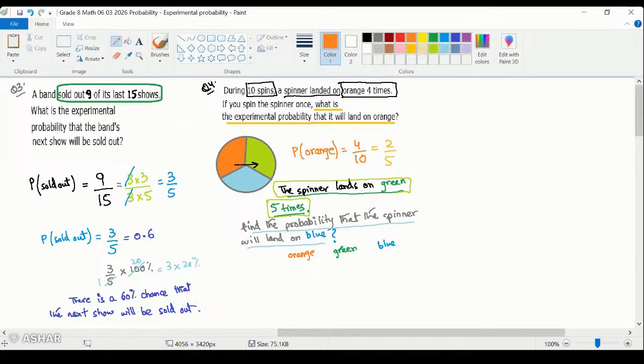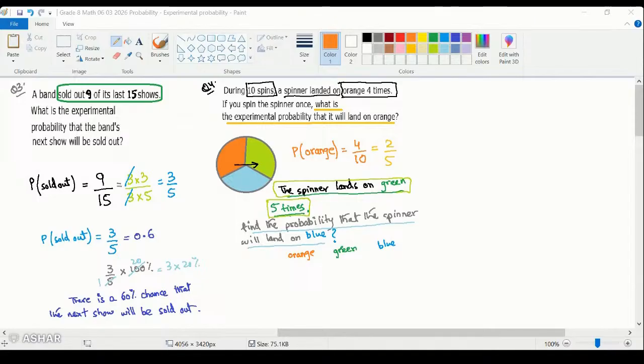When you spin a spinner, can you get the three colors together? Can you get the orange, green, and blue together, or the spinner will only land on one color? Because there is a single needle, right? When you spin the needle, it will stop at any one of the colors. It can stop at orange, it can stop at green, or it can stop at blue, but it will stop at one of the colors, right?